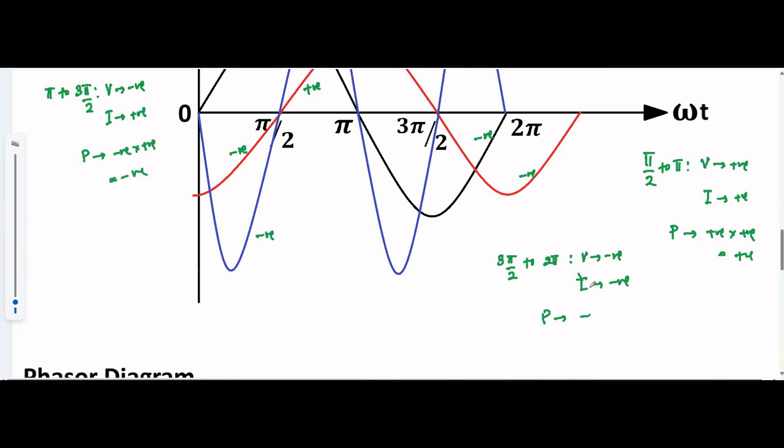So power is negative into negative, which is positive.